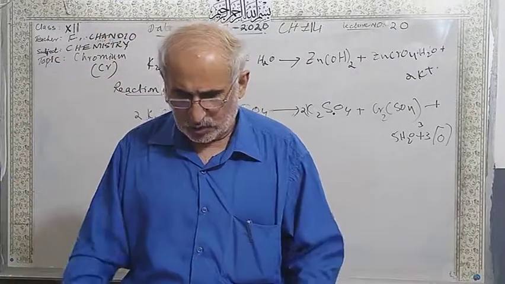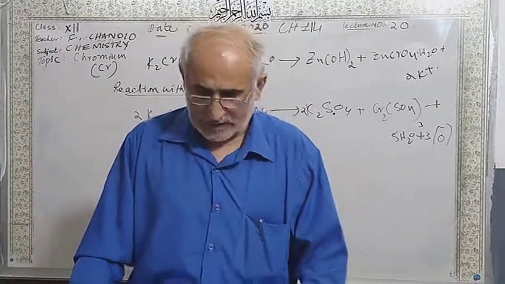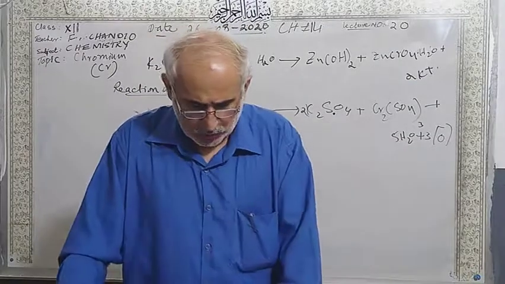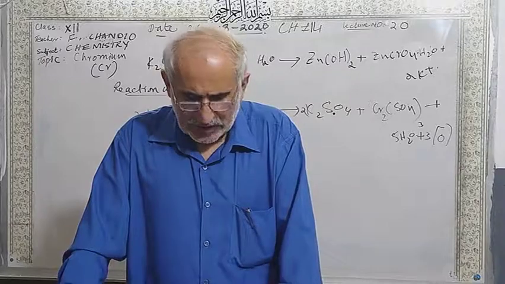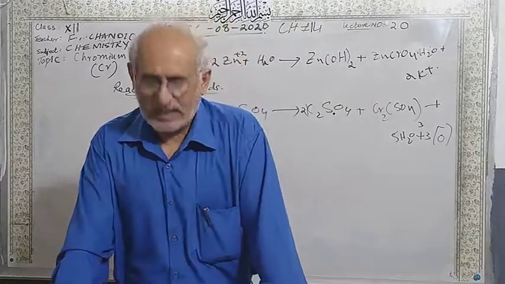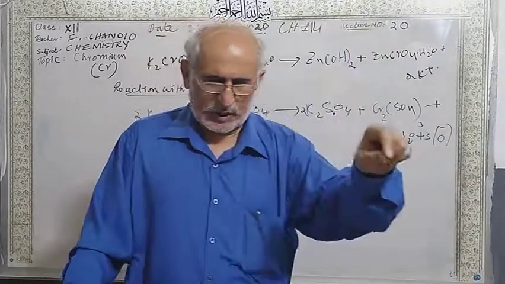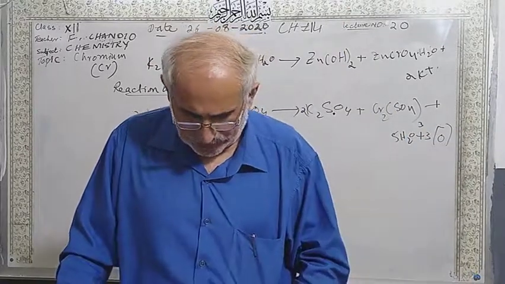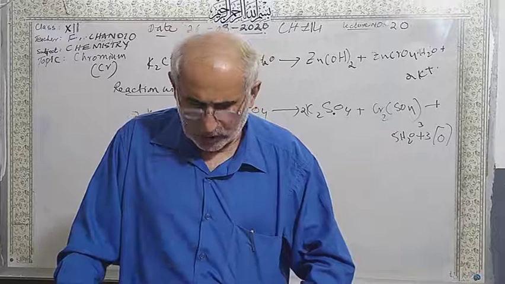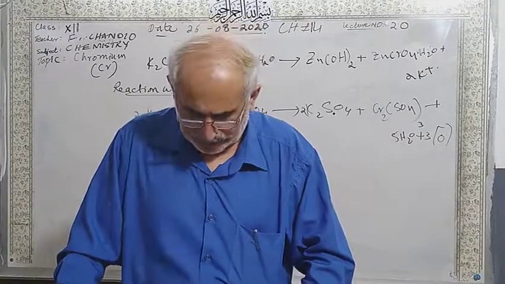You can see in your book page number 77. So dichromate, orange color, oxidation number 6. You have to put the cotton, not in oxygen gas. So an intermediate is going to be formed with oxidation number 3.